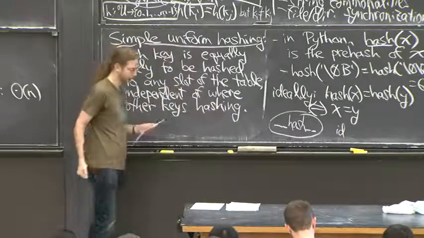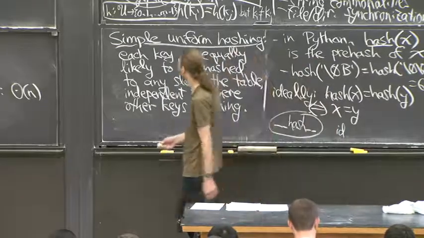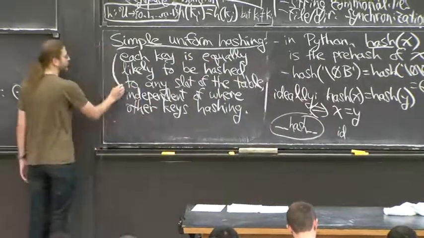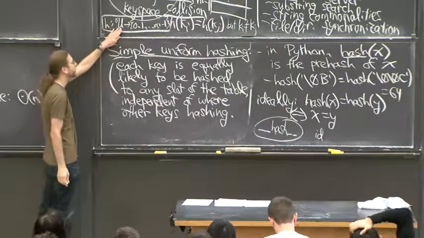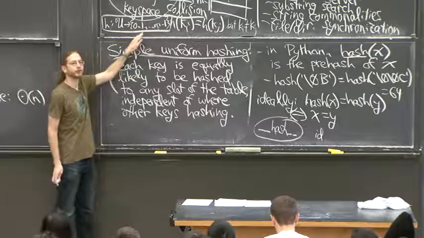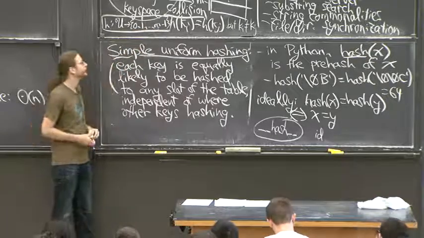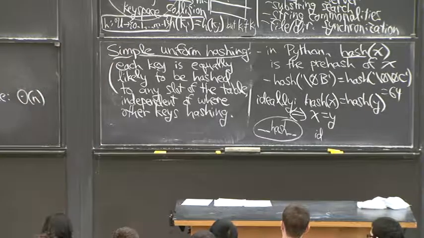Simple uniform hashing is essentially two probabilistic assumptions. The first one is uniformity. If you take some key in your space that you want to store, the hash function maps it to a uniform random choice. This is, of course, what you want to happen. Each of these slots here is equally likely to be hashed to.